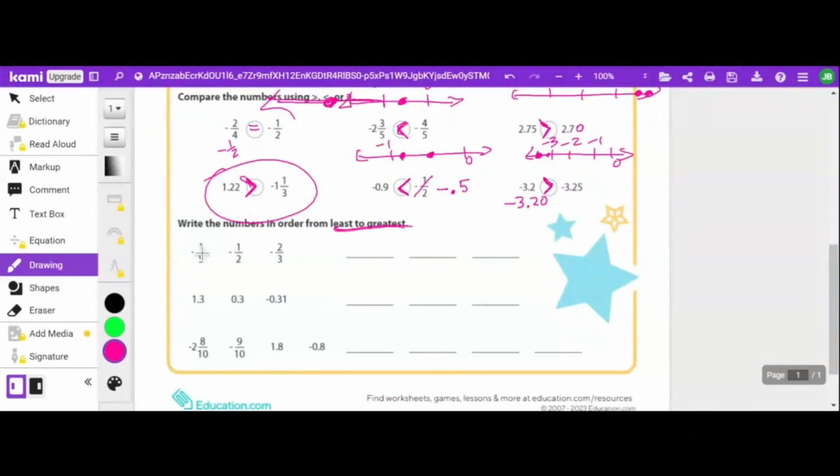And so if I punch this in the calculator, 1 divided by 5, I'm going to get negative 0.2. Negative 1/2 is negative 0.5. And negative 2/3 is negative 0.666 repeating.